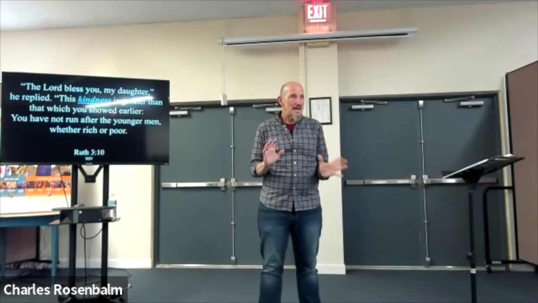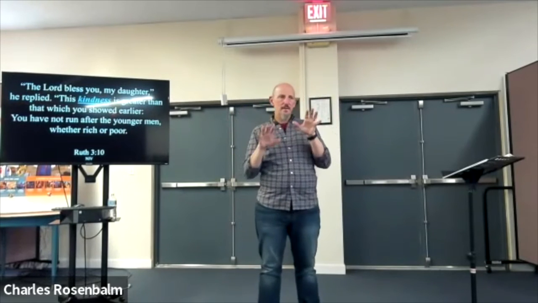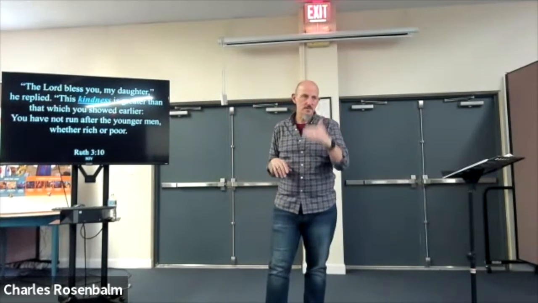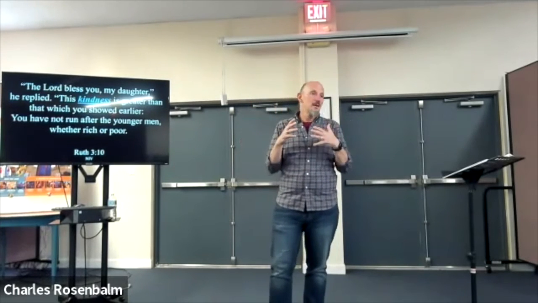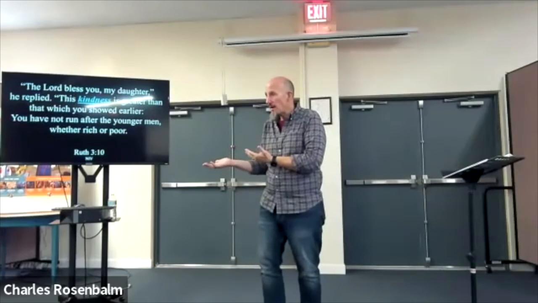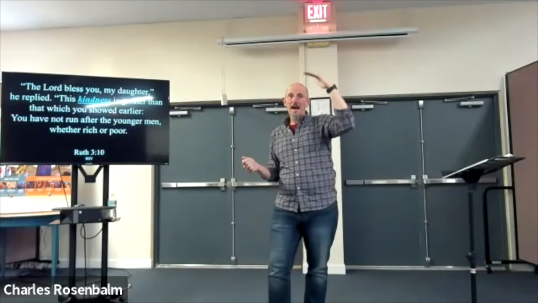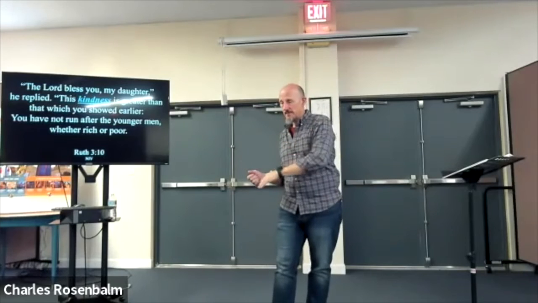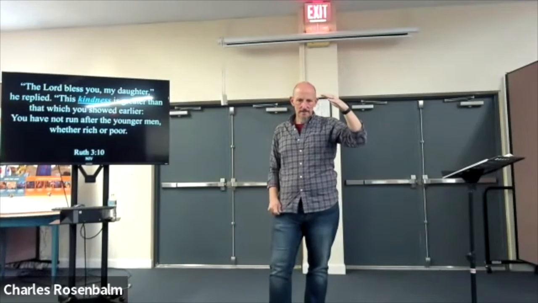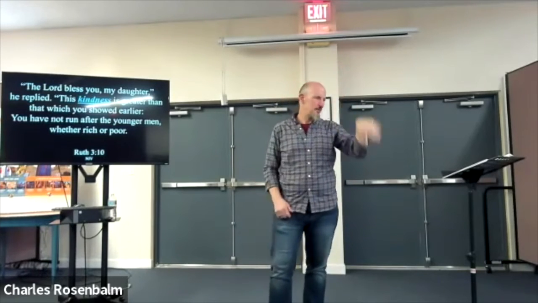So genealogies aren't always meant, like when we do a family tree, to put everything in there. For instance, I forget if it's Matthew or Luke, but there's 14 generations from this to this and 14 generations from this. There's uniformity, 14 there, because that's what the author was going for, to see the highlights from this to this, from this to this. I think it was from Adam to Abram, from Abram to, I'd have to look up anyway, and then to the exile. Here, there's 10 names.